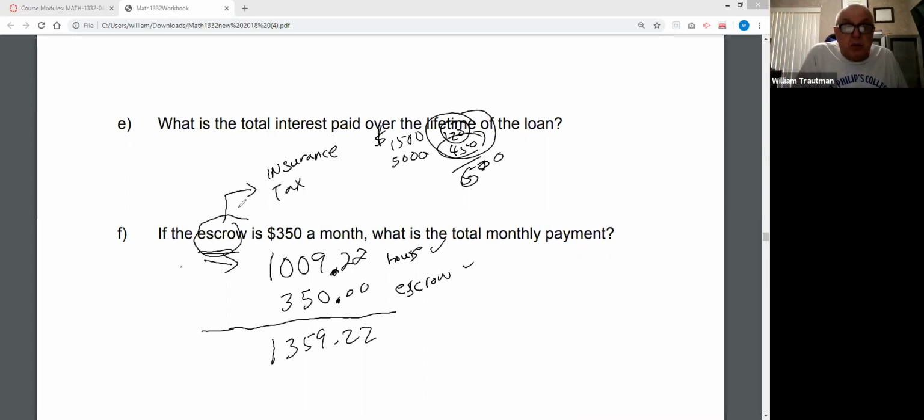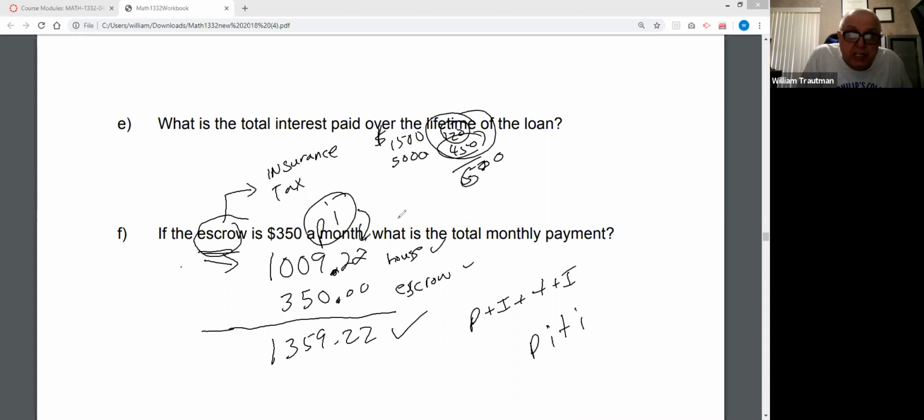You also have to pay your house insurance. So all of that, the bank makes sure you make as one payment, and this is it. They call it principal and interest and taxes and insurance, PITI. This they just call PI, principal and interest.